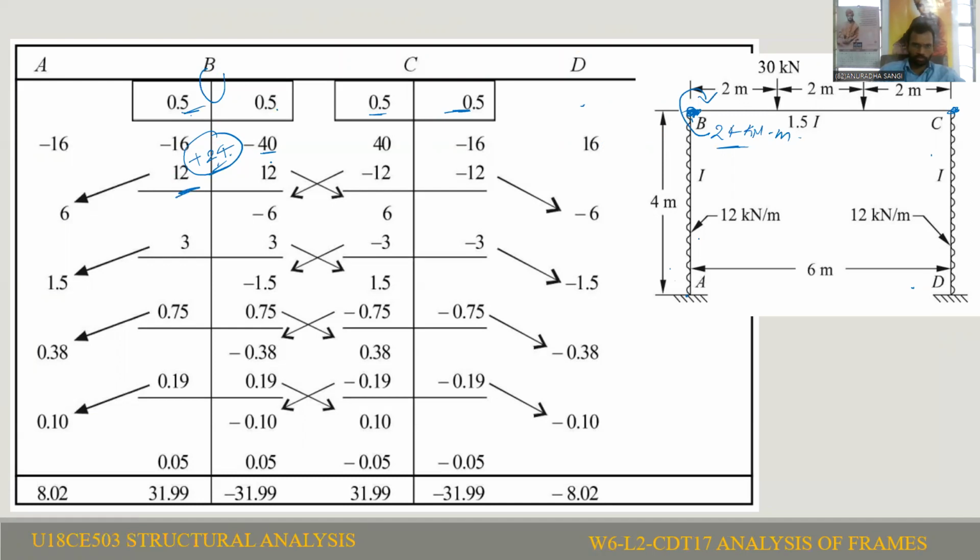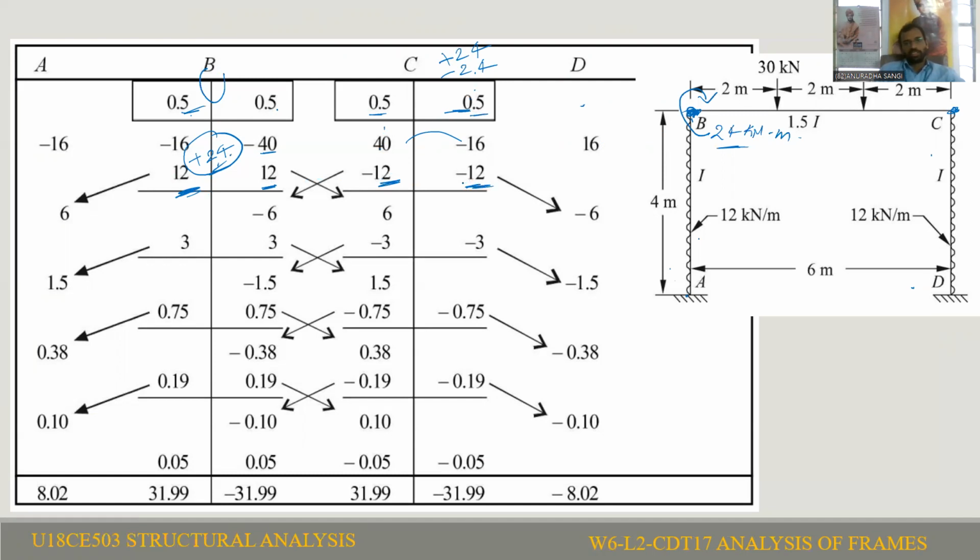That we have to add. Similarly for the other span, the unbalanced moment is plus 24, so to balance it we add minus 24, and minus 24 multiplied by 0.5 gives minus 12.